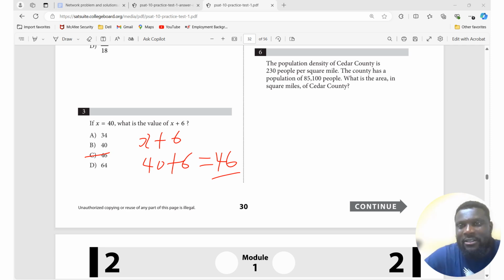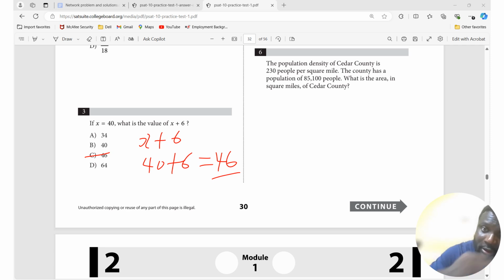The population density of a Kedah county is 230 people per square mile. The county has a population of 85,100 people. What is the area in square miles of Kedah County? Now, very straightforward. The first thing is to identify the population density, per square mile, and also the population.